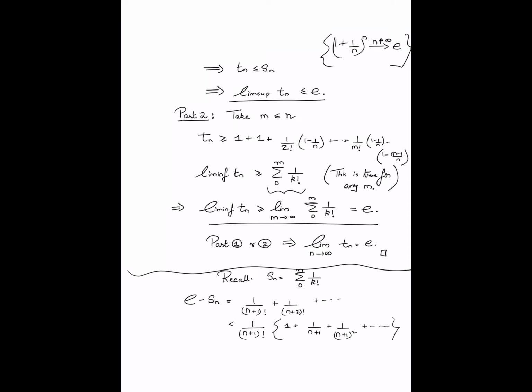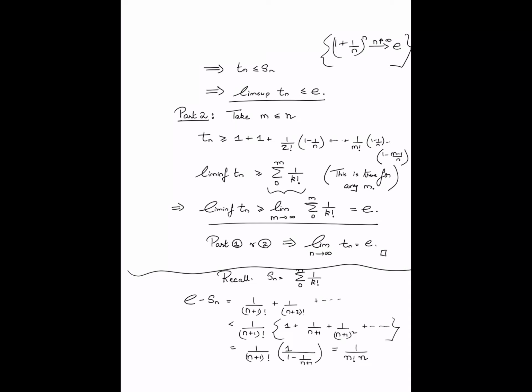And this geometric sum, I in fact know what the value is precisely. It is going to be 1 by (n plus 1) factorial times 1 upon 1 minus 1 by (n plus 1), which with an element of simplification gives you 1 by n factorial times n.